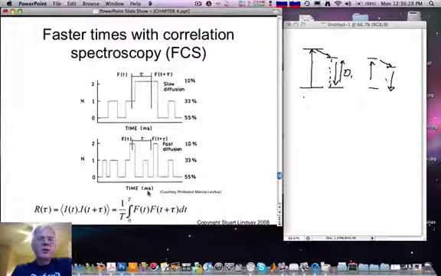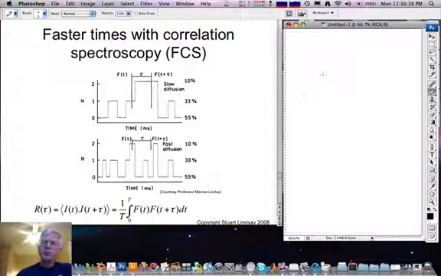What happens if one wants to look at faster processes? Well, there is a way of doing this, which is just to measure the distribution of times between fluorescently emitted photons. So if you look at a signal coming from an avalanche photodiode, you'll see spikes randomly occurring as a function of time owing to the emission of photons.